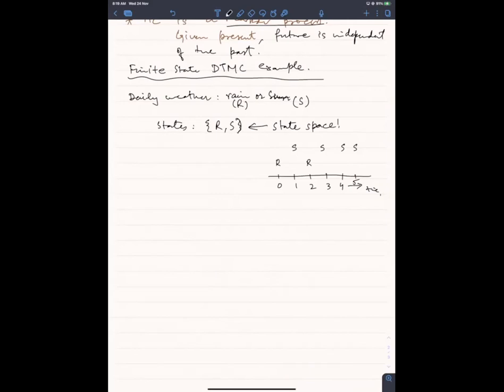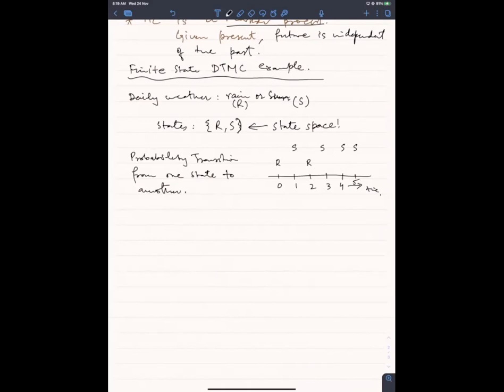Okay. So I will give you what we call a probability of transition from one state to another. So you transition from one state to another state. ये transition कैसे होती है?